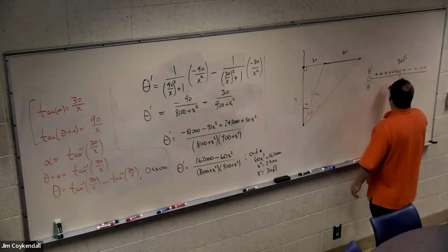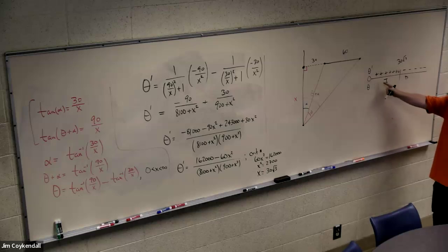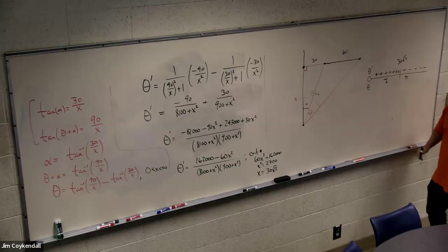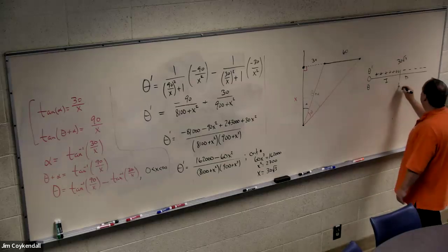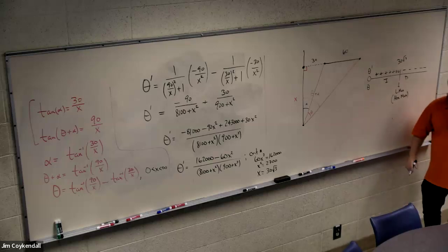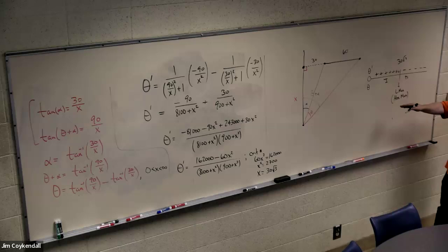So what happens to theta? It increases and it decreases. Just like we thought it would, right? As we drive this way, this gives a local max, and actually it's an absolute max, because it's the only critical number on the range, and so it increases until it's at maximum and then it decreases.